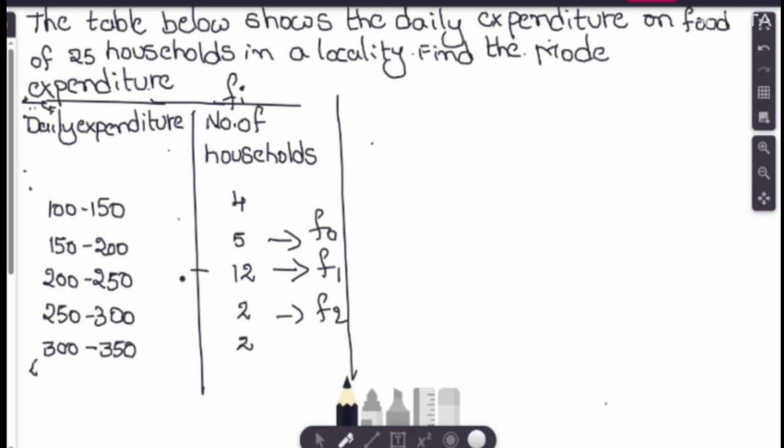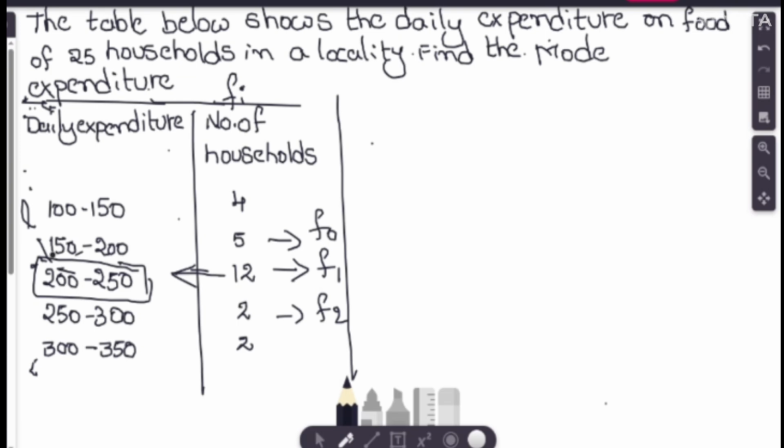The corresponding class interval is our modal class interval. Lower boundary is 200. Wherever the greatest frequency is there, the corresponding class interval we have to consider. That is the modal class interval.